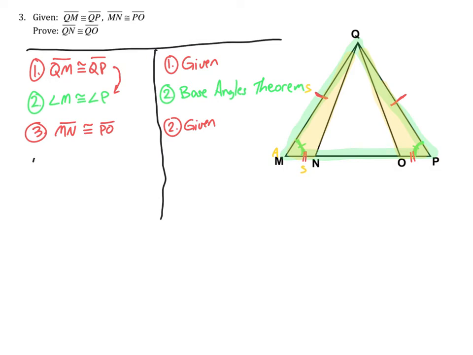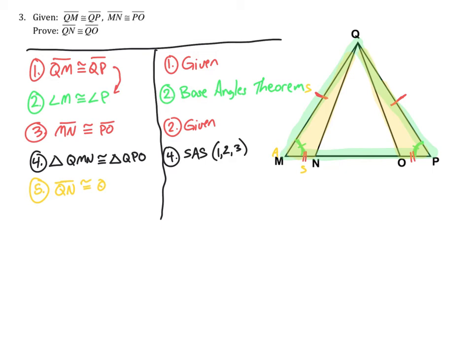So in step 4, I have triangle QMN is congruent to triangle QPO, and that reason is side, angle, side, and my statements are number 1, number 2, and number 3. All right, that's the reason. And then from that, statement 5, I have congruent triangles, so then I can state that QN is congruent to QO, and that reason is that corresponding parts of congruent triangles are congruent.